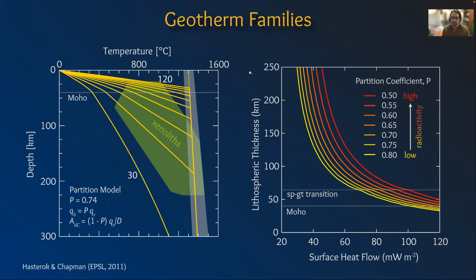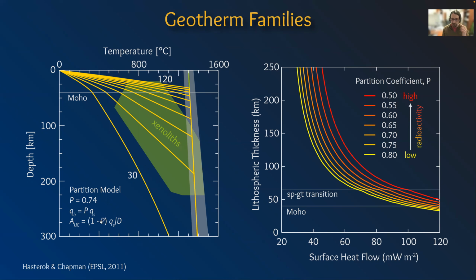So the first thing we want to do is develop a set of geotherms that represents the typical continental lithosphere. We're going to do that by creating a partitioning of surface heat flow between heat production in the upper crust and heat flow in effectively the mantle beneath.